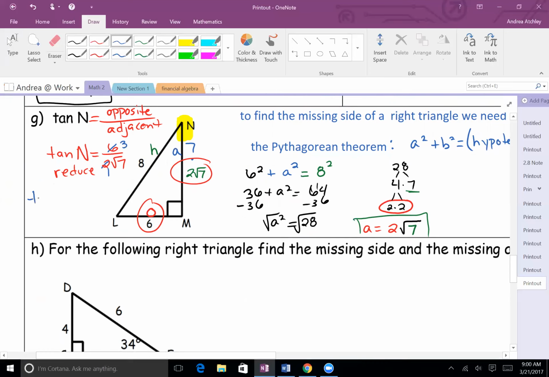So my tangent of angle n equals 3 over the square root of 7. Any questions over that? Okay.